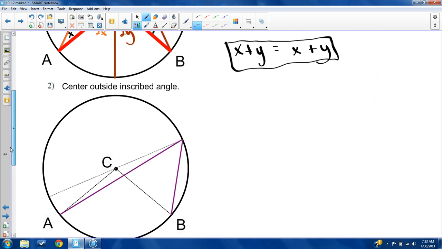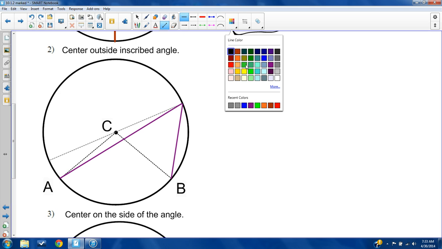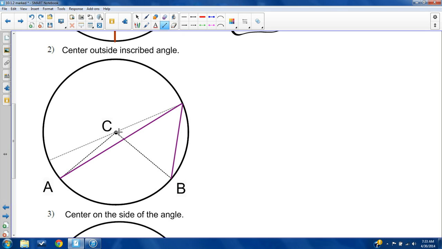So keep in mind here that when you have two radii drawn out for central angles, you have made isosceles triangles. And that's a key portion of grasping all this anyway. I'll take the green again. I'm going to draw a radius right here and right here. Okay?